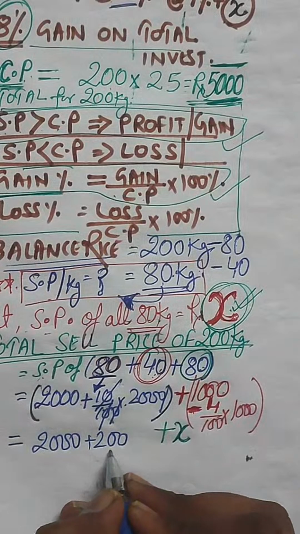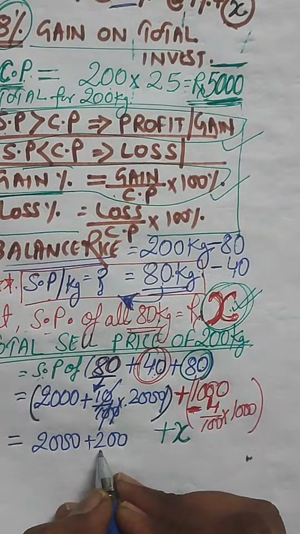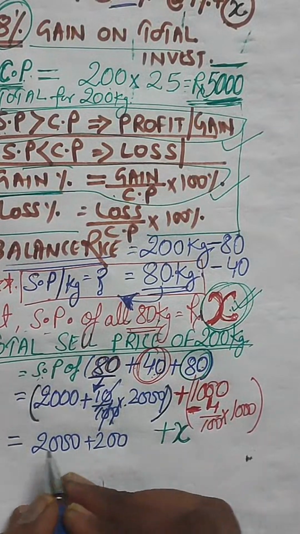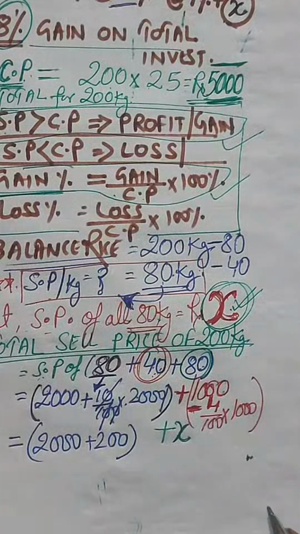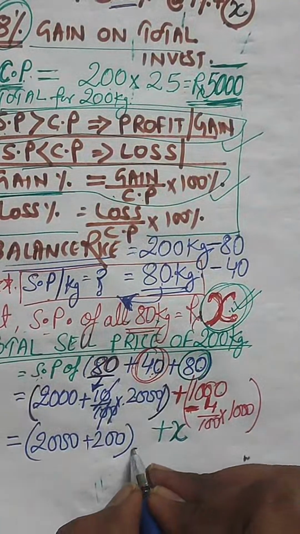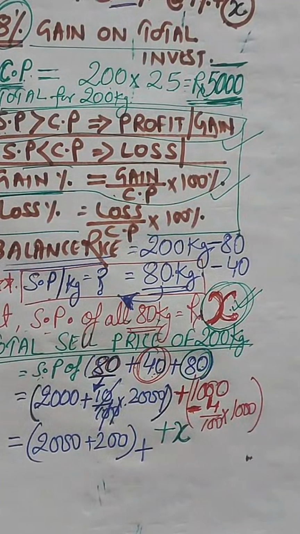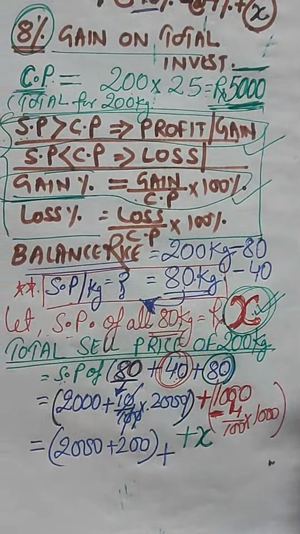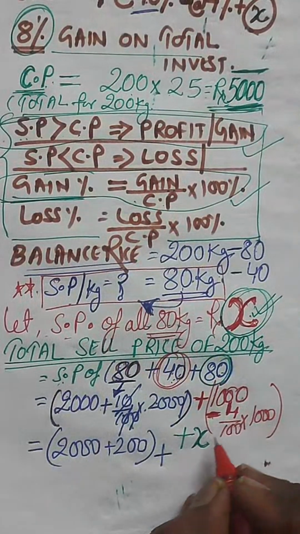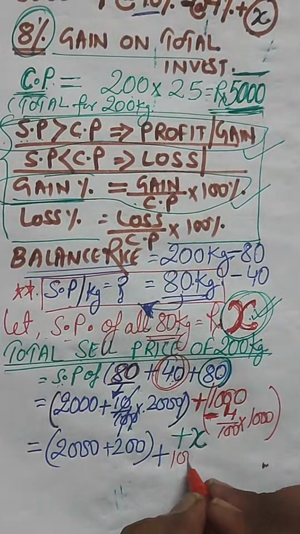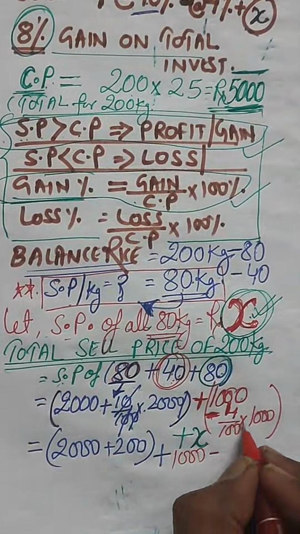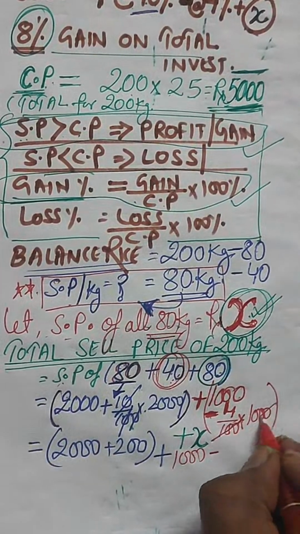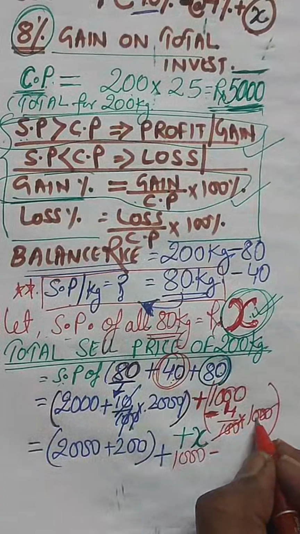This amount is the profit the grocer is making on the initial 80 kg. So this amount plus, using the red pen for the loss one, for the loss one I am using the red pen. So that is 1000 minus, double zero will cancel, and 4 into 10 will be 40.